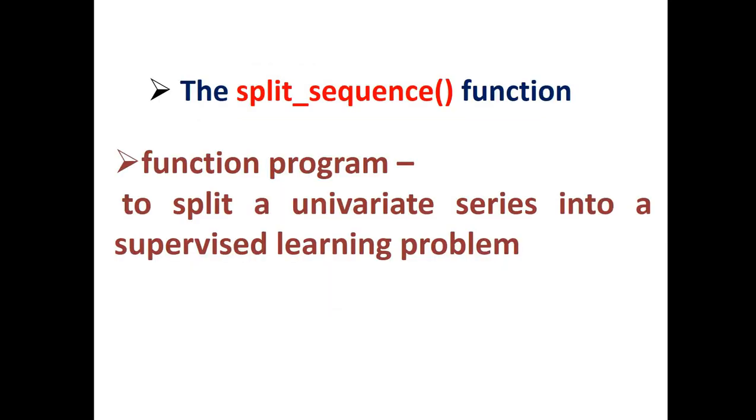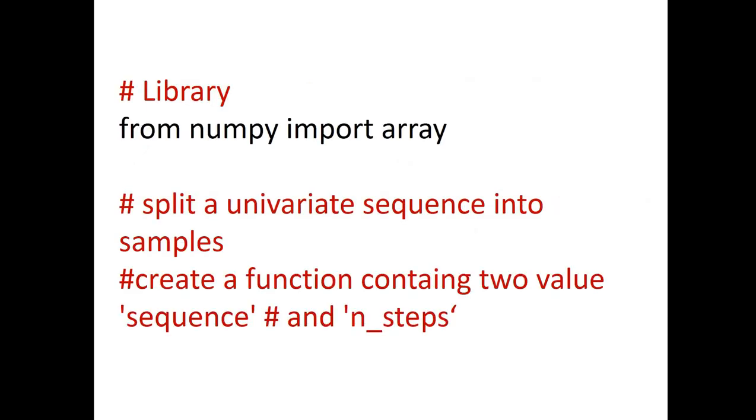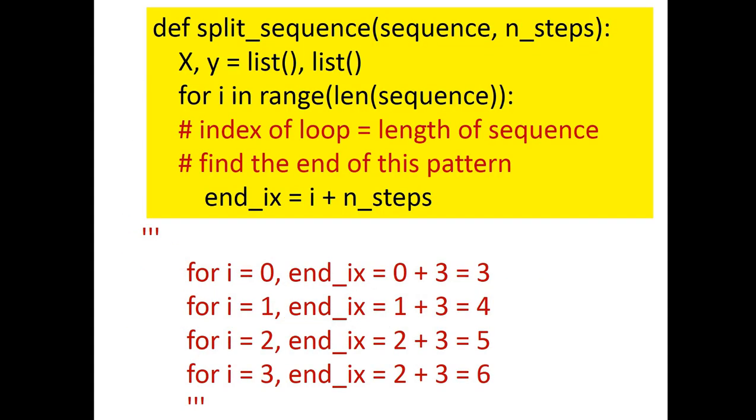In order to perform this, the split_sequence function looks like this. It uses a simple library called NumPy, which most of you must be familiar with, and you can import array from there.